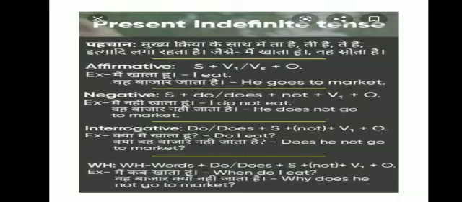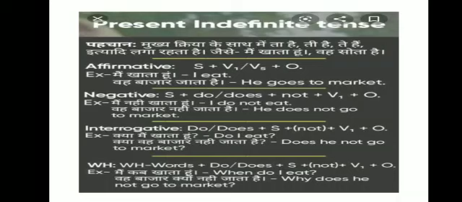First of all, what we will put? Do and does, then subject, then not, then first form of verb and then the object. If WH word comes, then we will put it in front of the sentence before do and does. When do I eat?